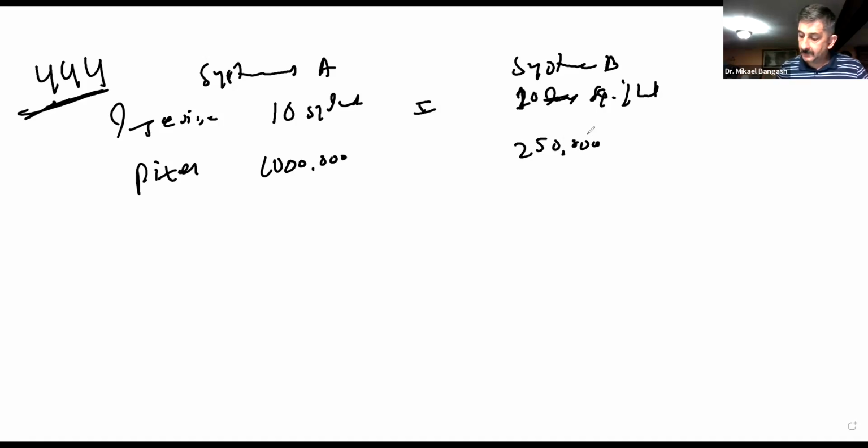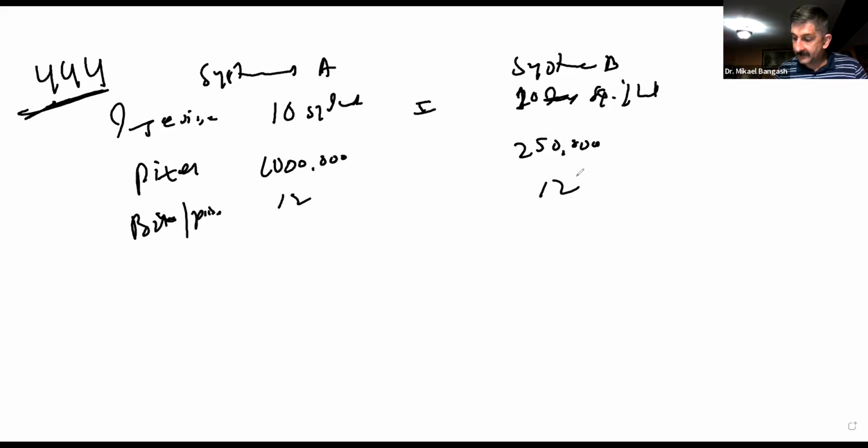Now let's say 12 bits are assigned to each pixel, so bits per pixel is going to be 12.